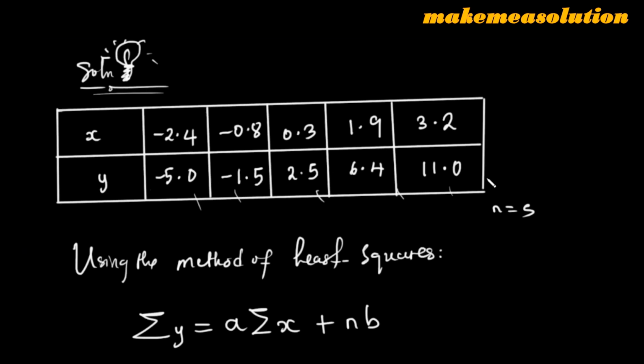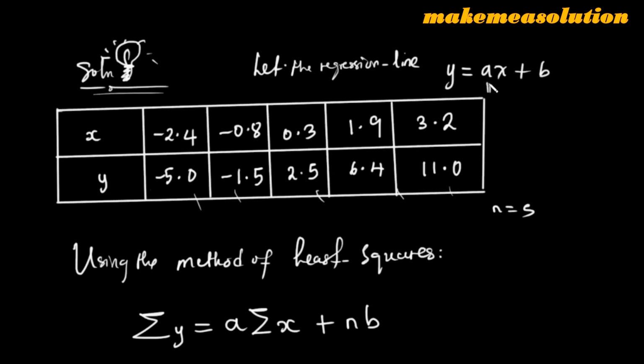What you're going to do is let the regression line, which is also called the line of best fit, or the straight line that you want to insert, be taken generally as y equal to ax plus b. We want to find this equation.